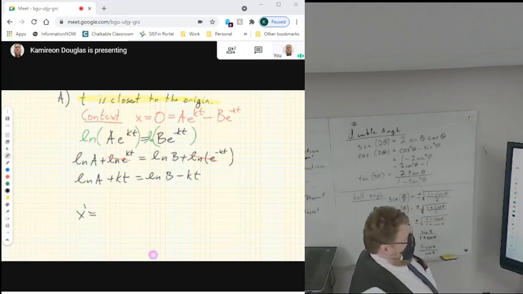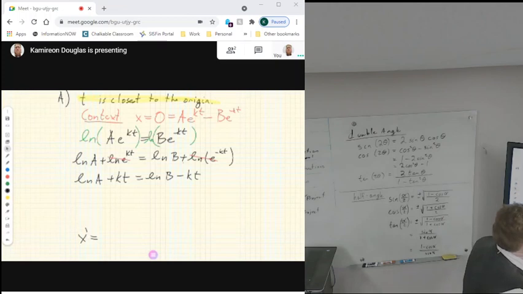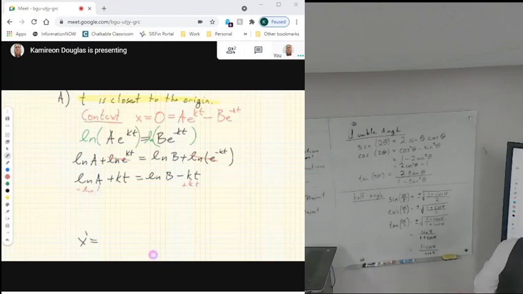So far we're looking really good. Perfect. Add kt. Subtract ln of A. Okay, we end up with kt plus kt would be 2kt. And then ln of B is just ln of B minus ln of A. Good, look at that.